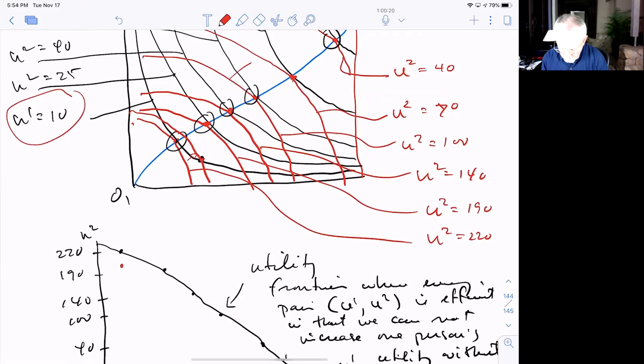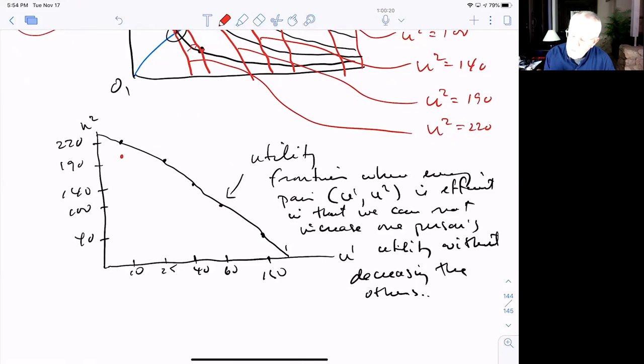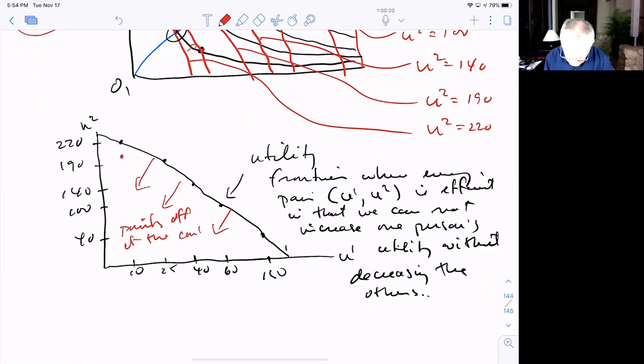So all these other points in my box, every point is associated with a pair of utilities. And every single one of those points that are not on the contract curve would yield a pair of person one and person two's utility that is interior. So these are all points off of the contract curve.